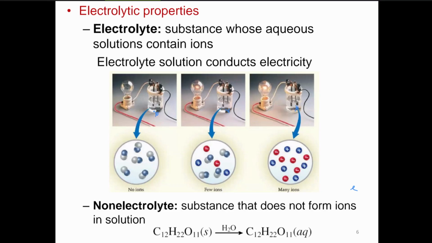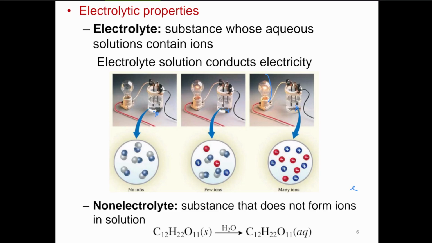Then you make the connection with a lamp like this one. You see that in the case of no ions, there is no conductivity, so the lamp is not lighting. And when you have many ions, the conductivity is excellent, so the lamp lights strongly. A non-electrolyte solution is one where the substance does not form ions in the solution.